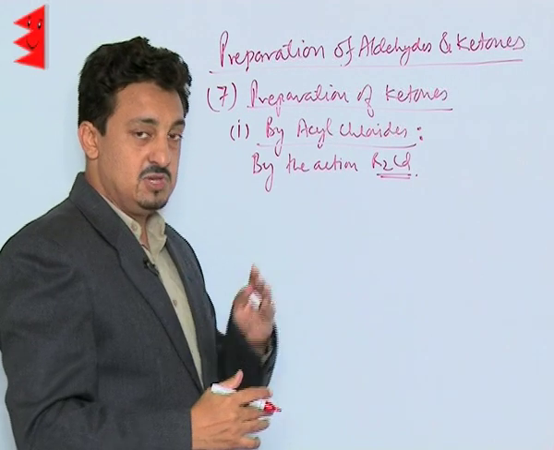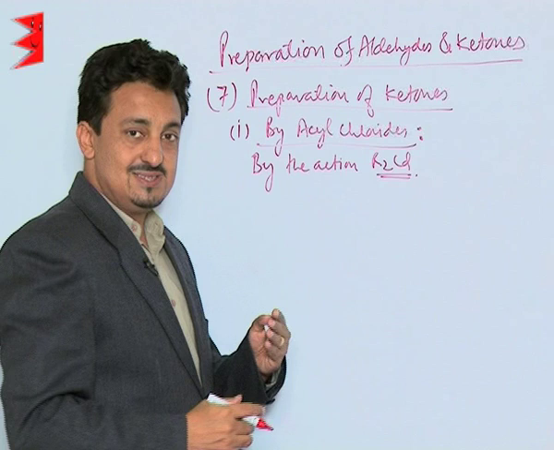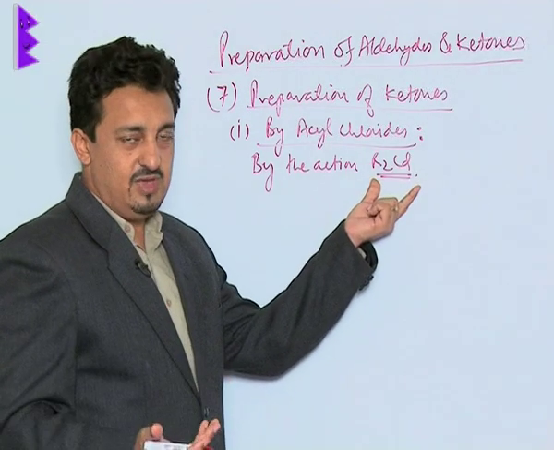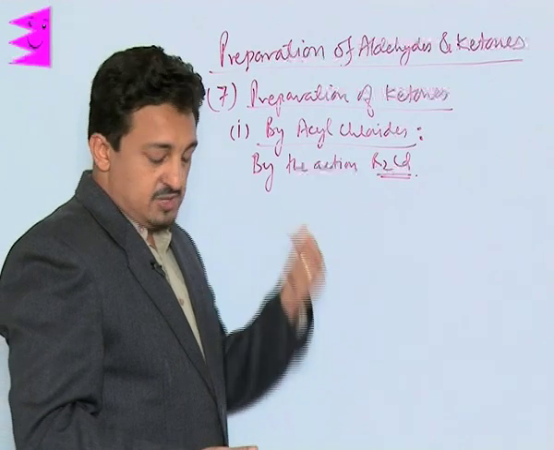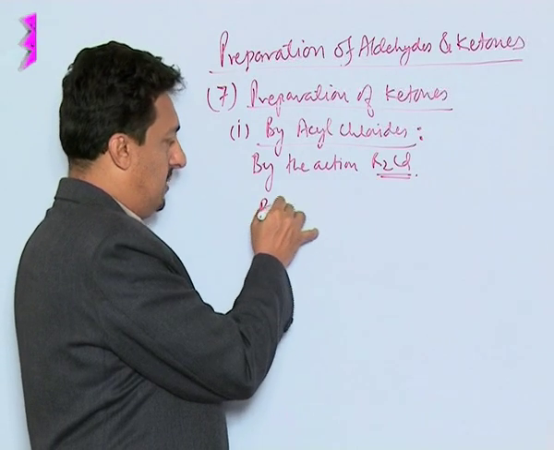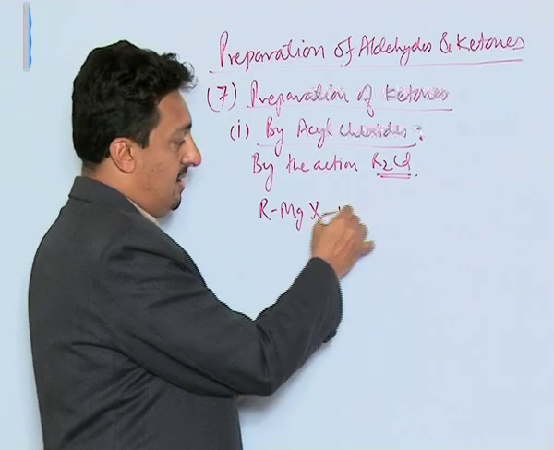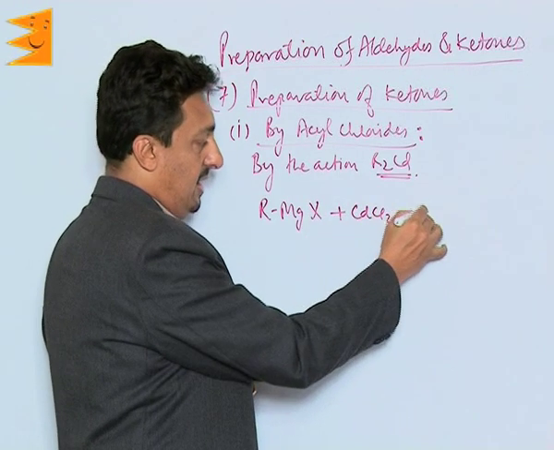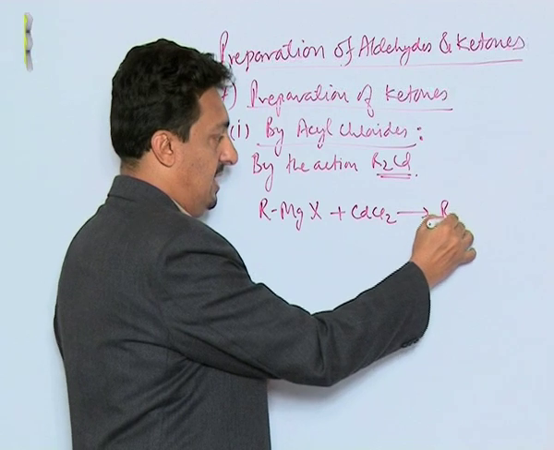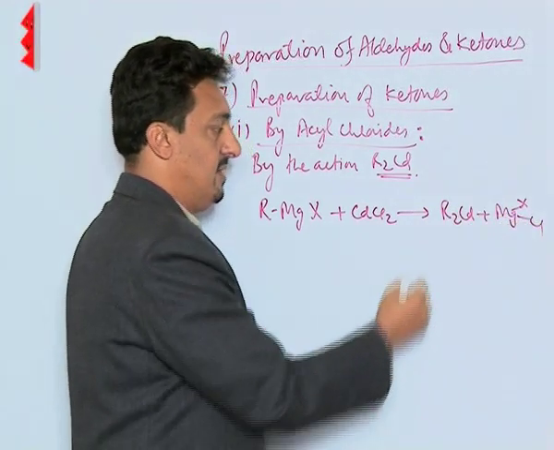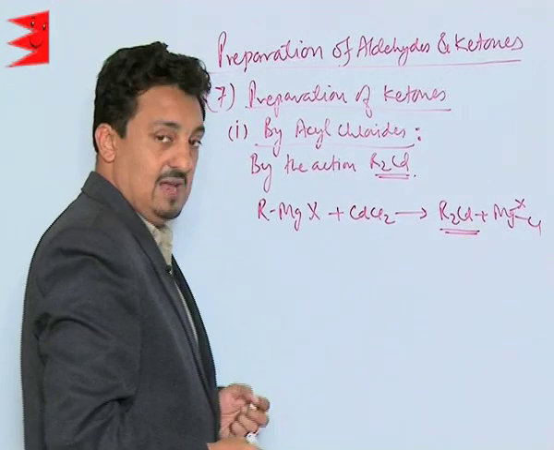First you need to know how we get this dialkyl cadmium. See, it's an organometallic compound, like we have used Grignard reagent. You can take any Grignard reagent and react this with cadmium chloride. What you get is dialkyl cadmium plus MgXCl. This is how we can get dialkyl cadmium.